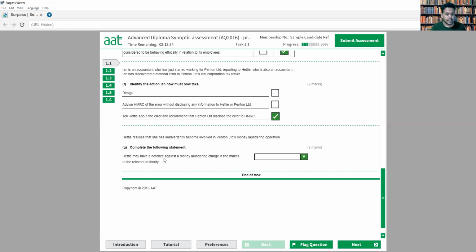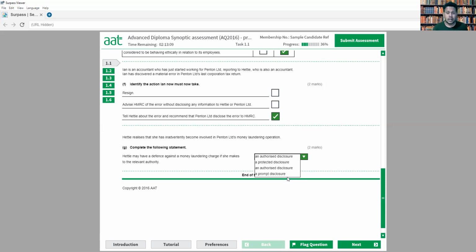Complete the following statement. They said Hetty may have a defense against a money laundering charge if she makes what to the relevant authority. So it is authorized disclosure. Remember that. There are a few disclosures here. One is authorized, one is protected, one is prompt disclosure that we have to know.